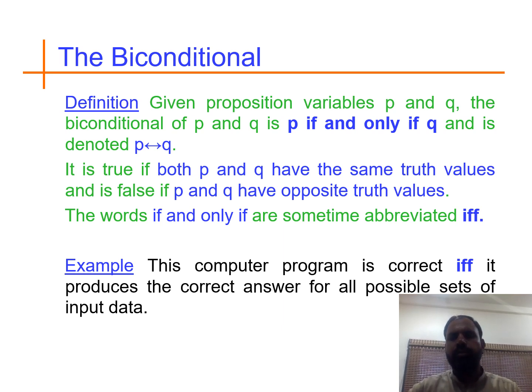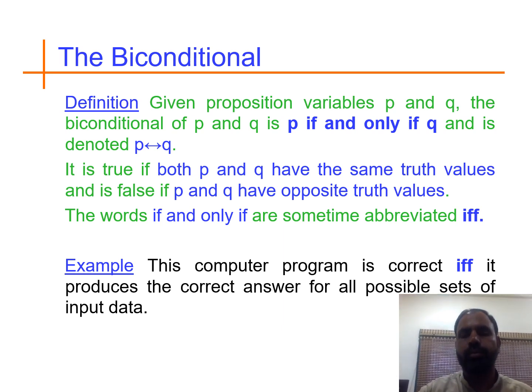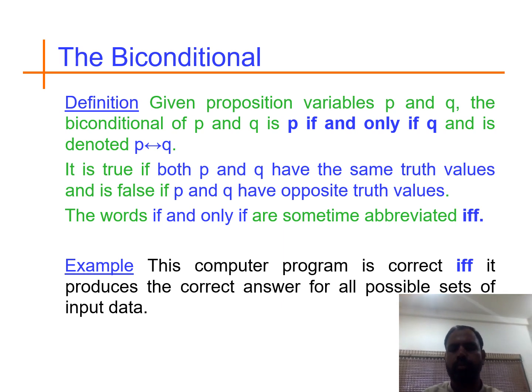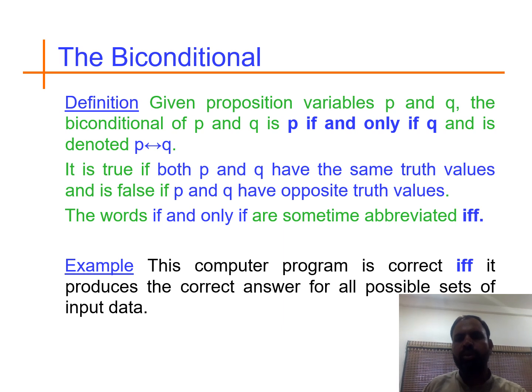The biconditional. Given proposition variables P and Q, the biconditional of P and Q is P if and only if Q, and is denoted P biconditional Q. It is true if both P and Q have the same truth values, and is false if P and Q have opposite truth values.